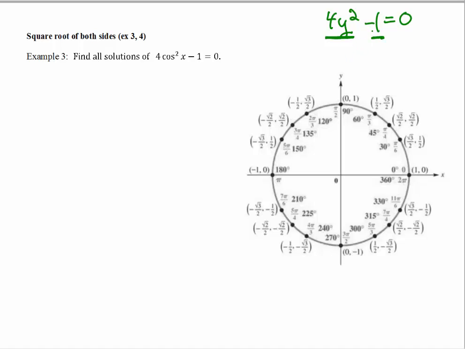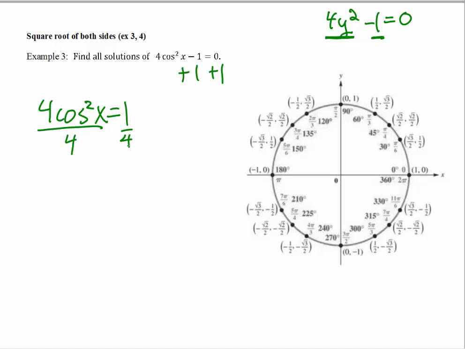In this case, we would get all the numbers on one side, and we would get y squared by itself and take the square root of both sides. So that's what we're going to do here. We're going to add 1 to both sides, and then divide by 4.